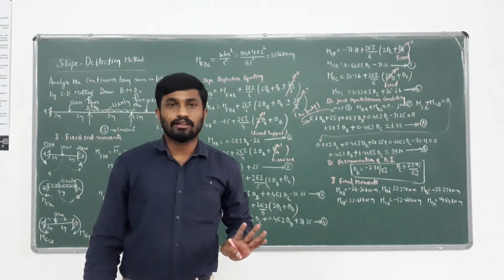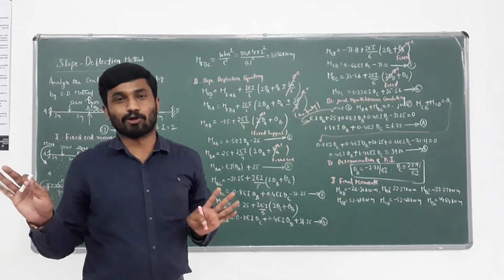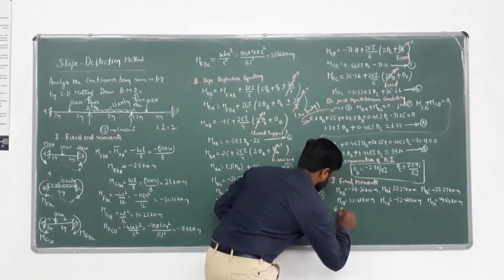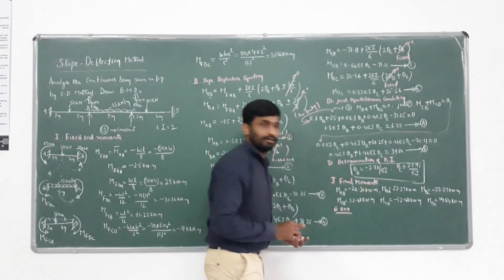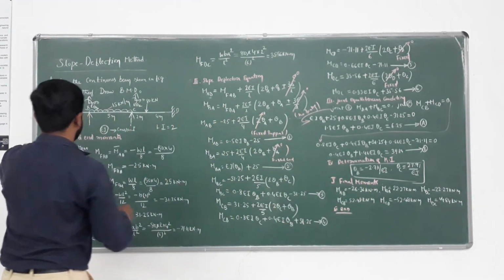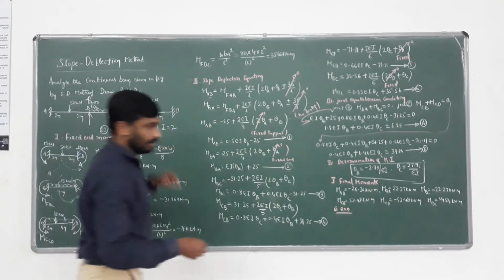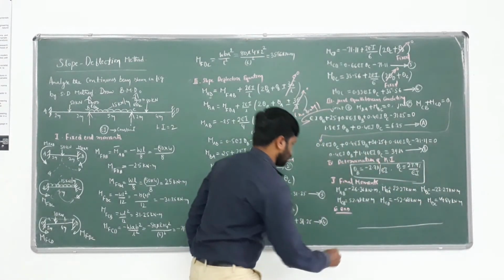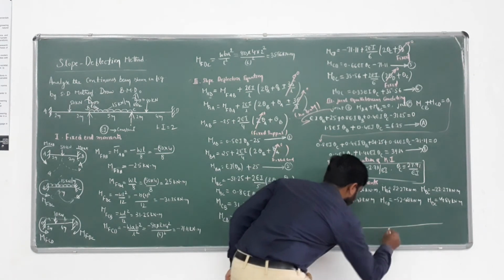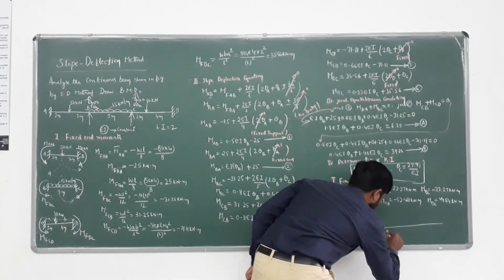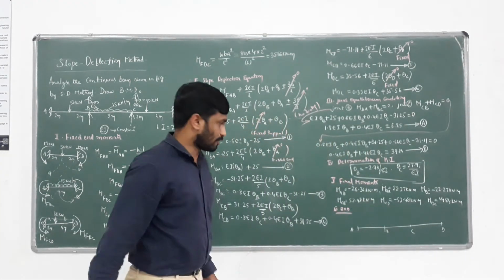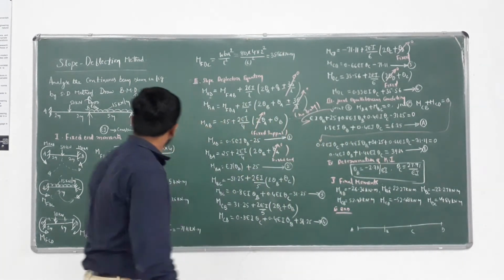That's all. The last thing is BMD. Plotting of BMD. For this, A, B, C, D. First span A, next span B, next is C, next is D. First I will draw free bending moment diagrams.